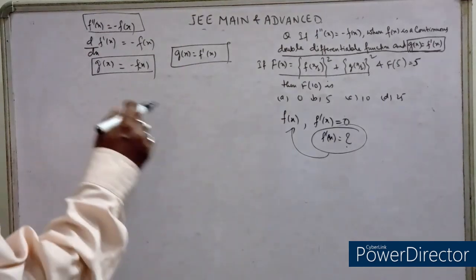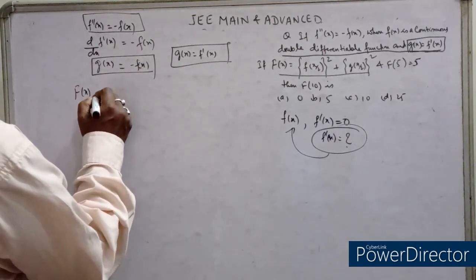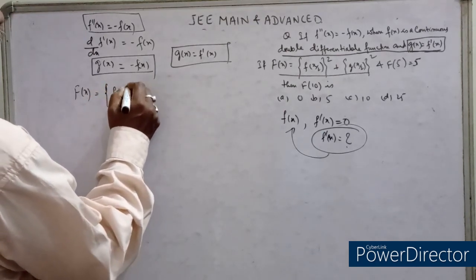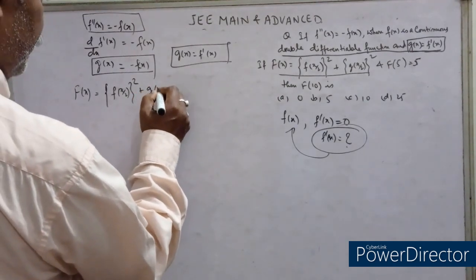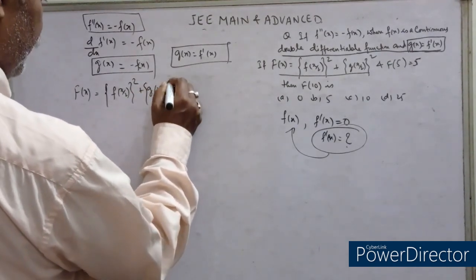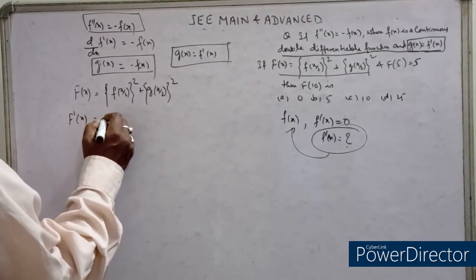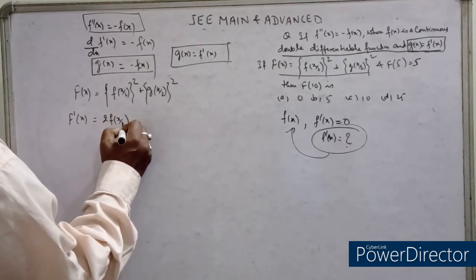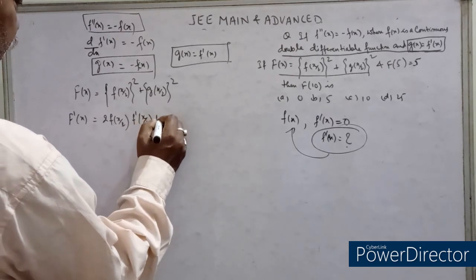So let us find out the derivative of this. This is equal to f x by 2 the whole square plus g x by 2 the whole square. So this is f dash x. So this will be 2 f x by 2, chain rule, f dash x by 2 and then half.